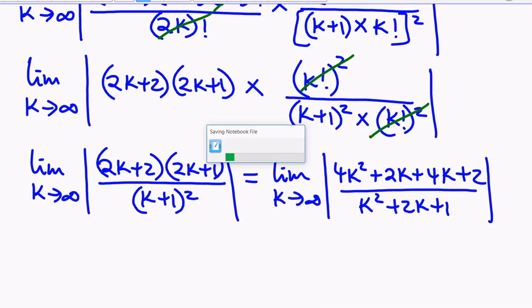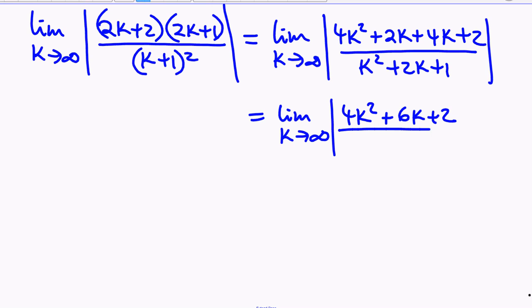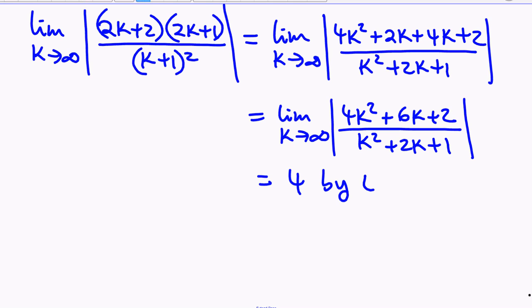All right. And then we shall end up with 4k squared plus 6k plus 2 over k squared plus 2k plus 1, which will be equal to 4 by L'Hopital's rule.